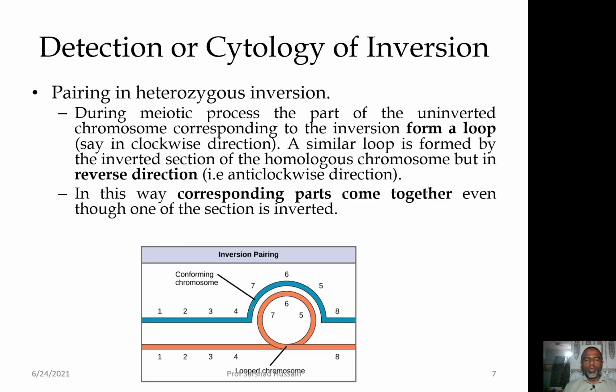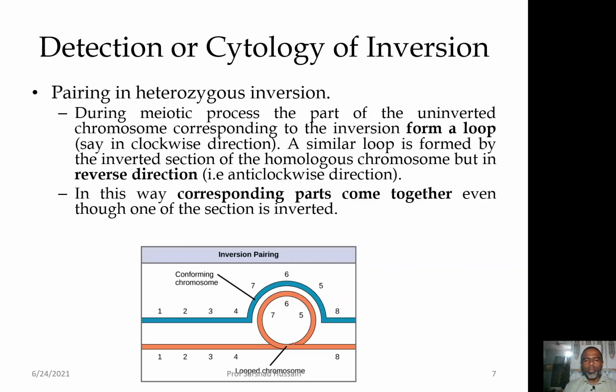So, when this loop starts pairing with the normal chromosome, the normal chromosome will have gene 1 corresponding to 1, 2 corresponding to 2, and so on, 4 with 4, but it will have gene 5 at this position, whereas in the corresponding part it will have 7 and the 5 will be there.